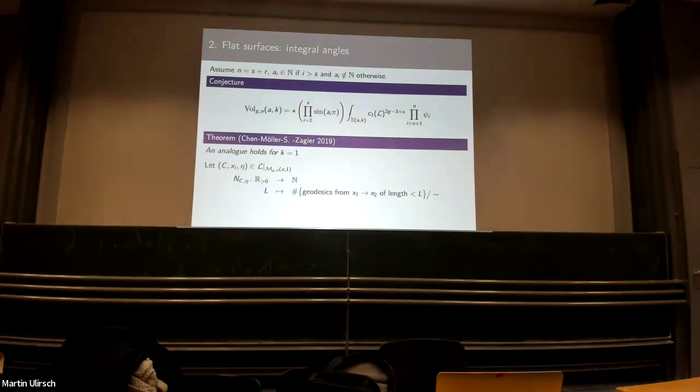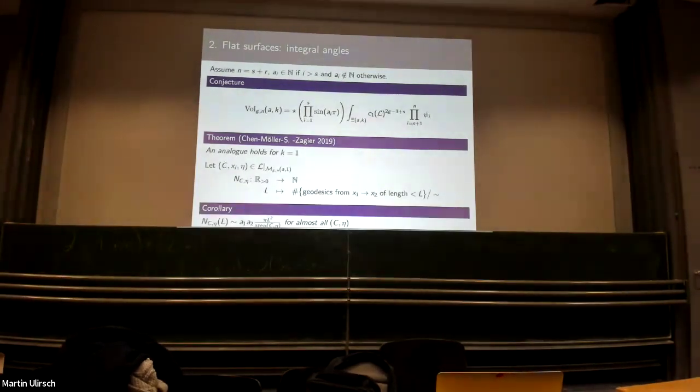On this flat surface, I define a function: I pick two of my singularities, x1 and x2, two different singularities, and I count geodesics of length smaller than L. I fix some parameter L and count geodesics of length smaller than L. The modulo theta means that actually I'm not counting the geodesics, I'm counting the periods of the geodesics. But never mind, I'm counting geodesics that go from x1 to x2.